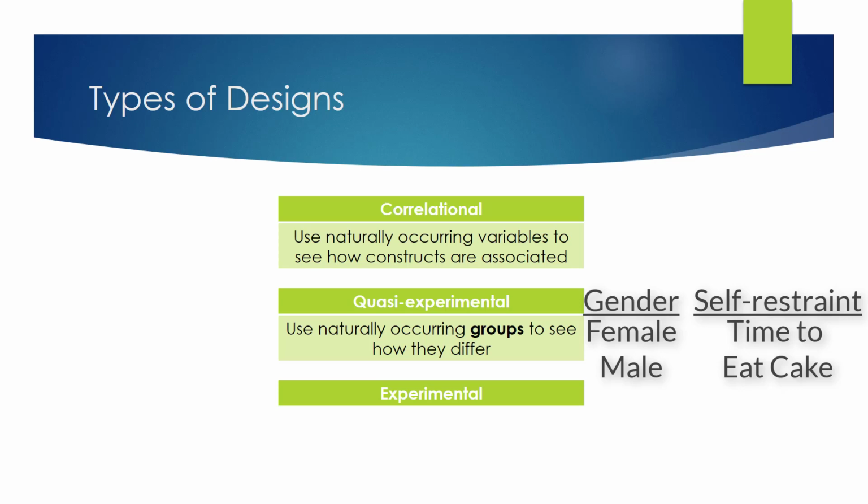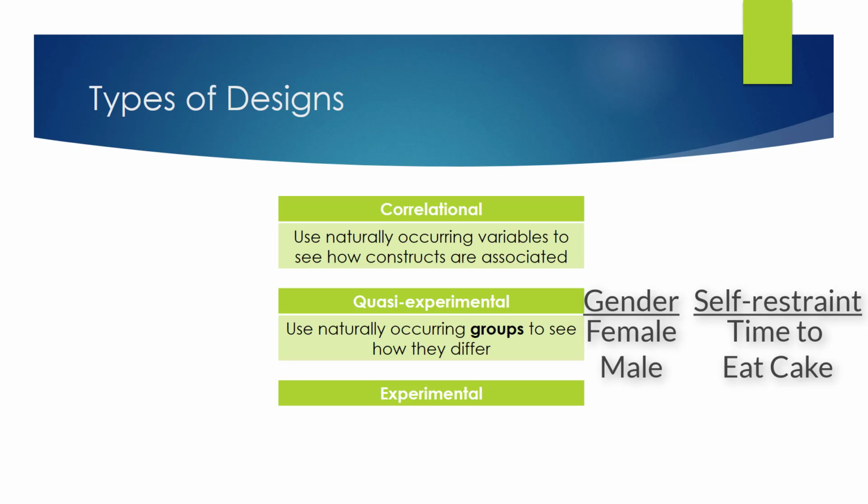It's naturally occurring groups. I don't get to control which gender the individual identifies with. And so if there's a difference between these 2 groups, it may be suggestive that one has less self-restraint. But again, I didn't get to control it. I didn't get to decide. I didn't get to use random assignment. And we'll talk about that more here in a minute in order to determine these groups.